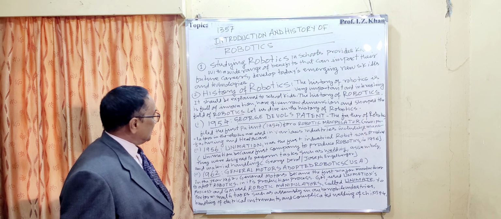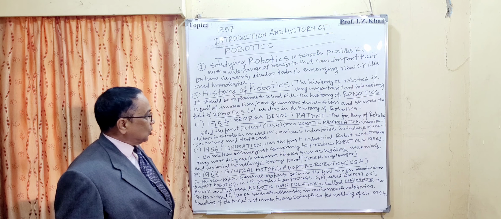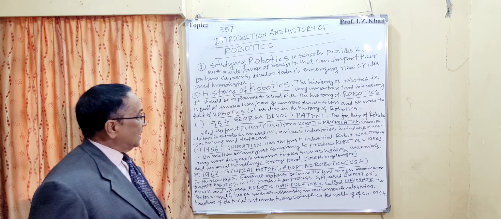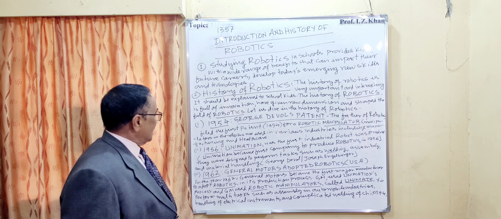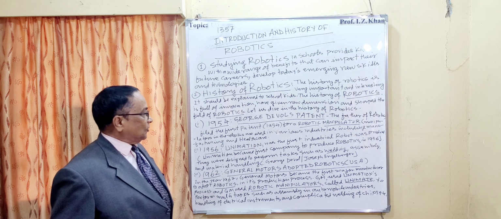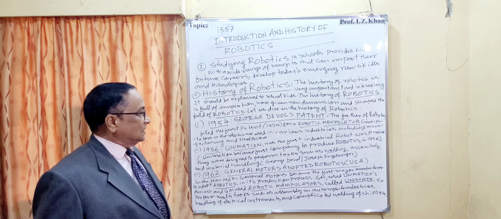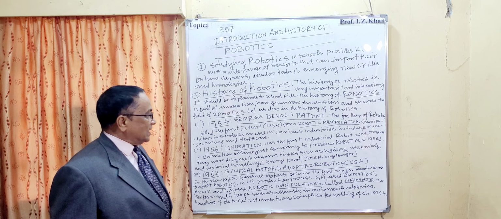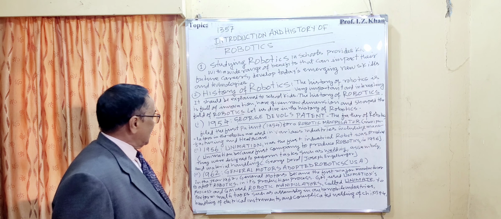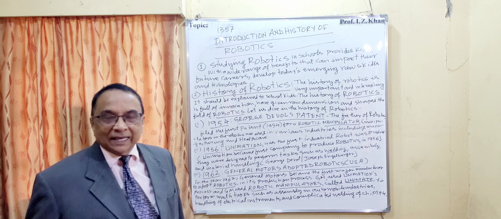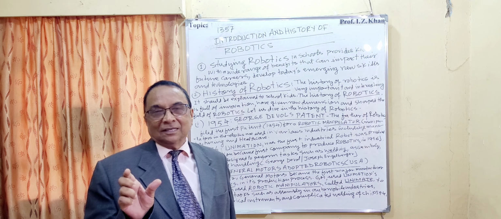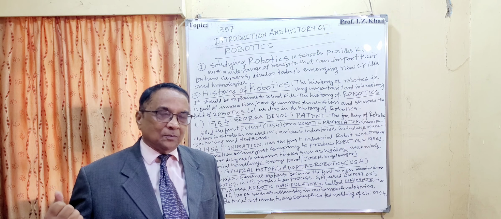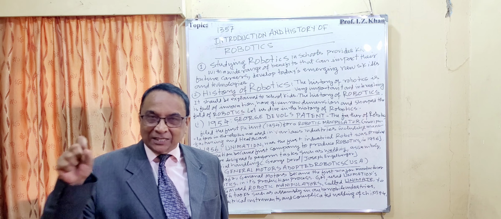So in 1954, George Devol filed the first patent for a robotic manipulator. A manipulator in robotics is used in various industries, including manufacturing and healthcare. If I say manipulator, it means the arm of a robot, and that arm is flexible as well as rigid.